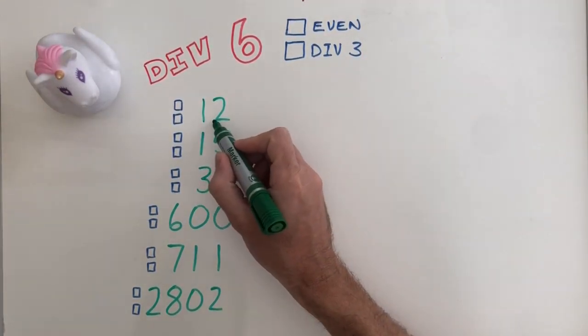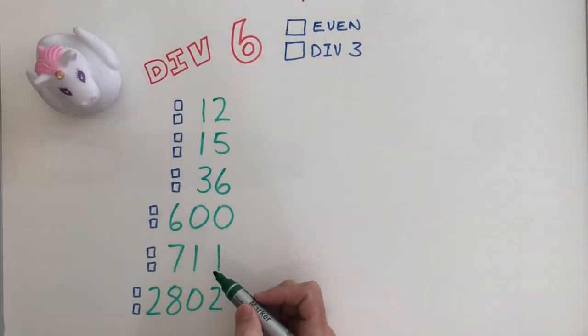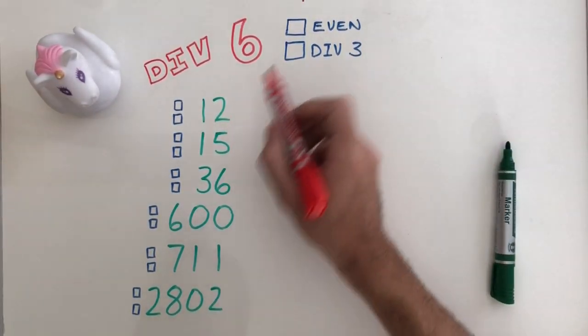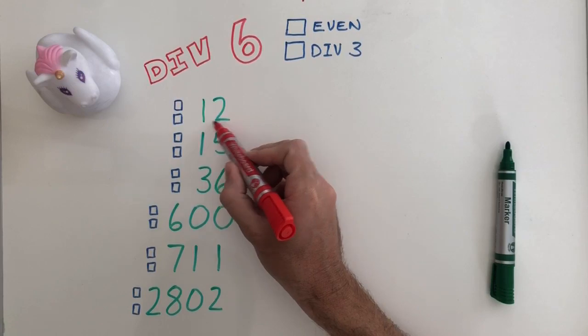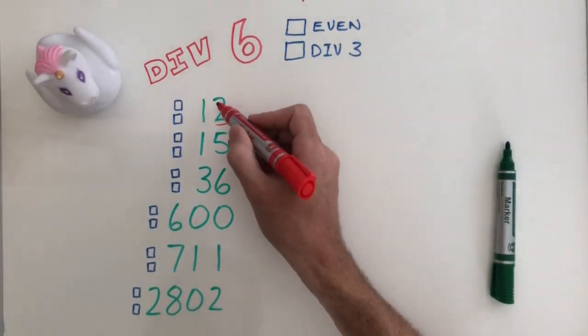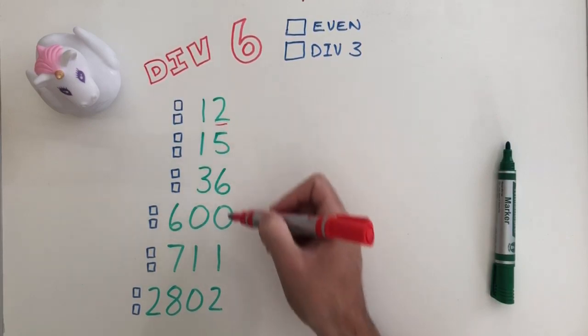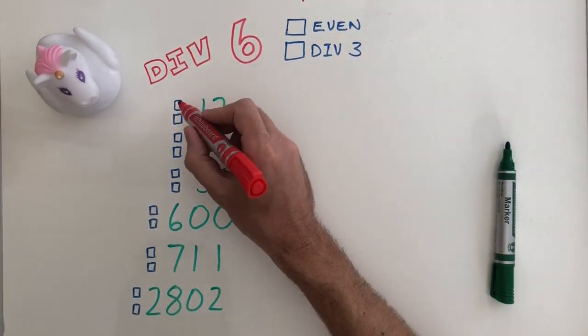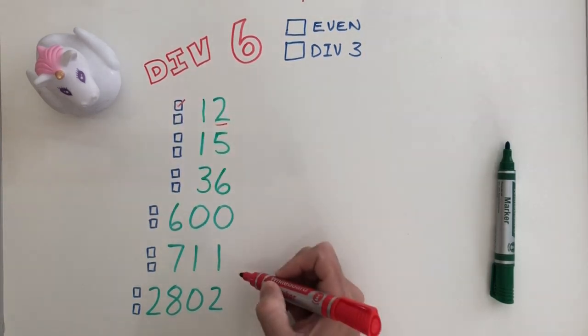I know 12 is divisible by 6, but I have to do 2 tests. The first test is, is it even or odd? I can see it's an even number because the unit value is an even number. So it's divisible by 2. So the first check, that's right.